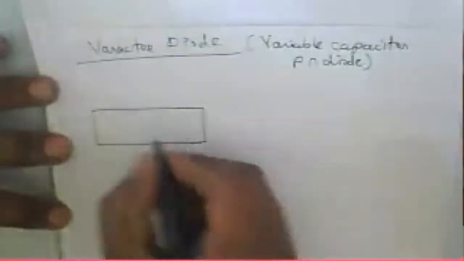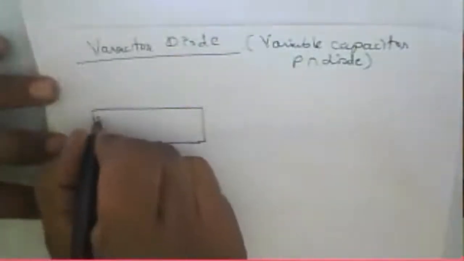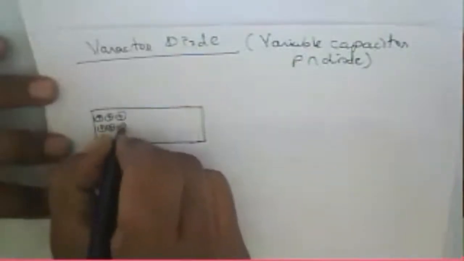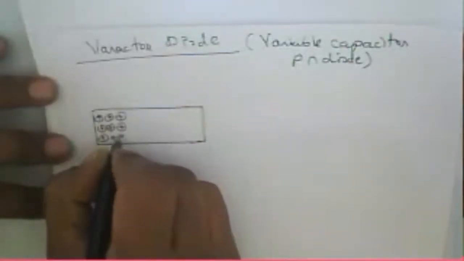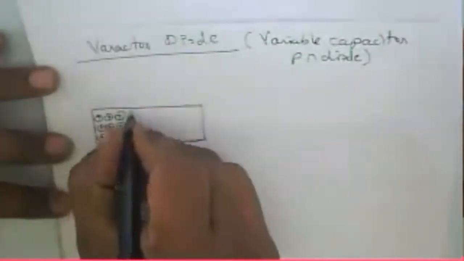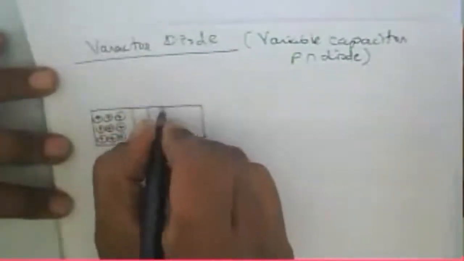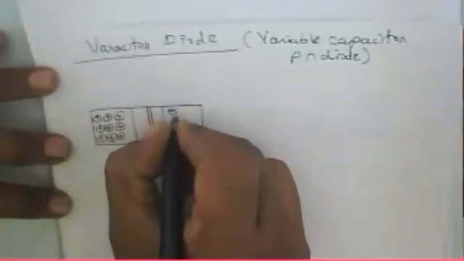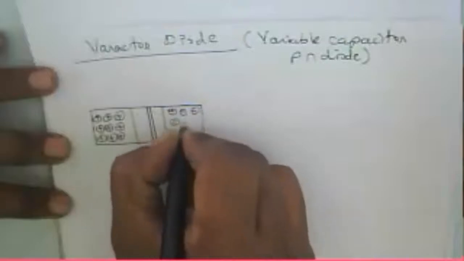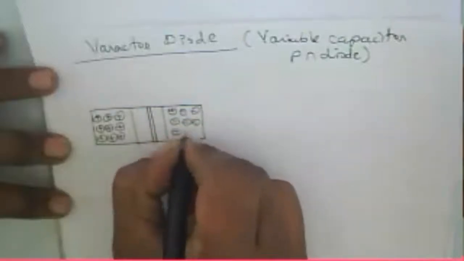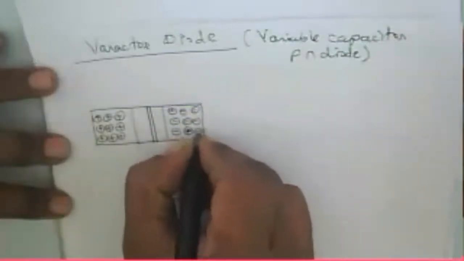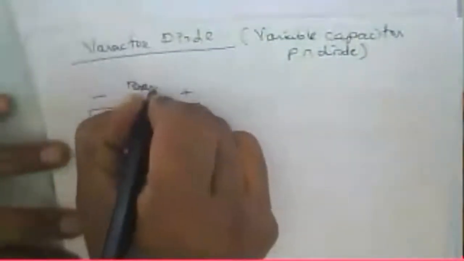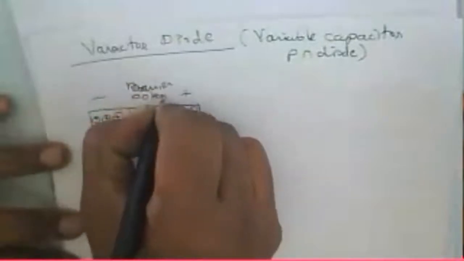Generally a diode has a depletion region. Let's just draw a diode here. This is the junction, the PN junction. It has holes here.